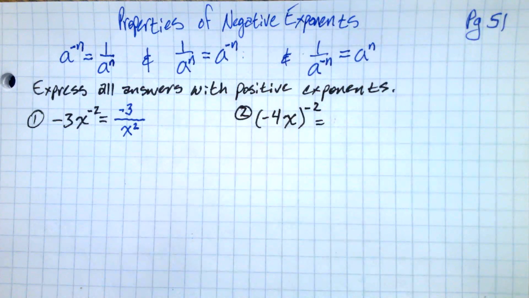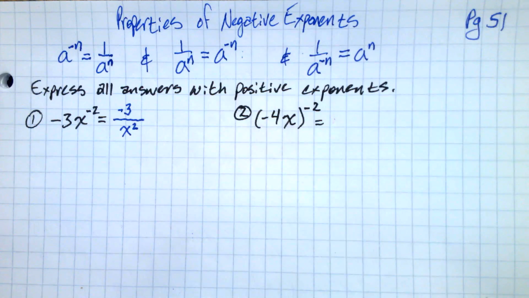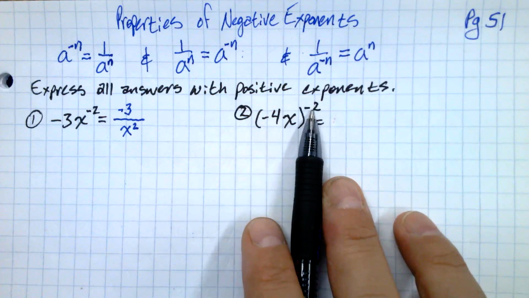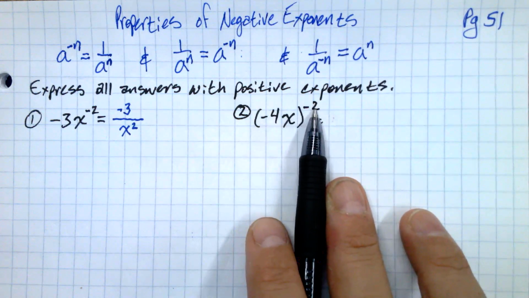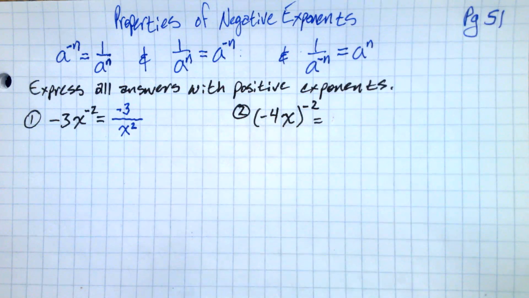Well, first of all, we see a negative exponent, right? We either deal with it first or second, because there's another rule that we also have to follow from yesterday. What other thing would we have to do? Yeah, the power of a power rule. We have to share that negative 2 with the negative 4 and the x.